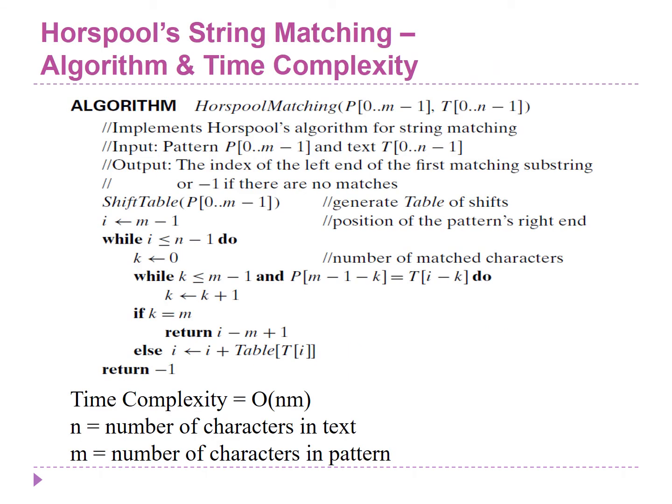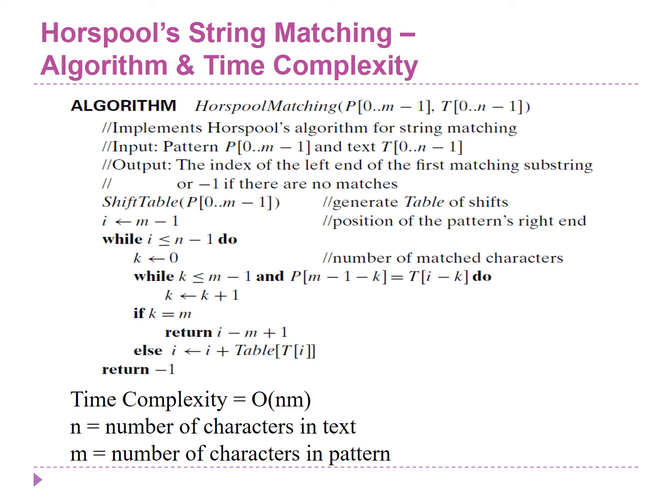The algorithm of Horspool string matching is as given here. The input to the algorithm is the input pattern and the text. The output of the algorithm is the index of the left end of the first matching substring. If no matches are found, it returns -1.